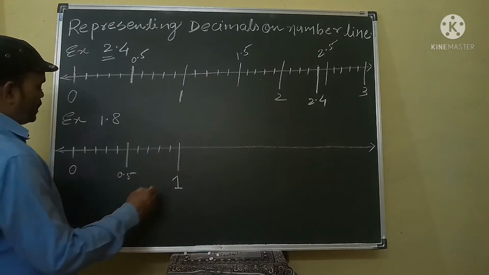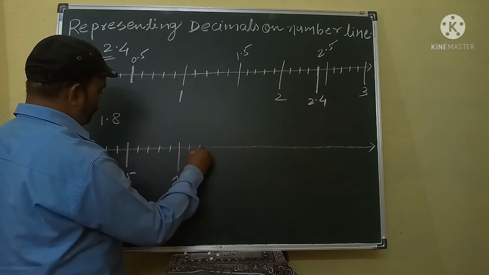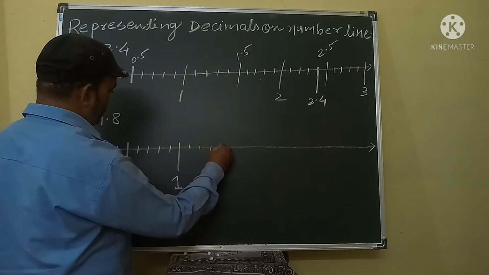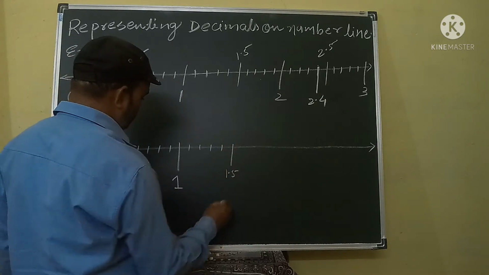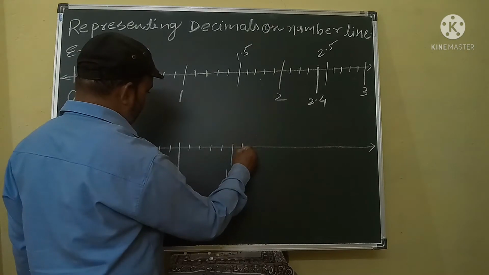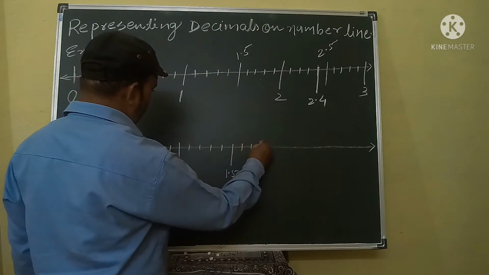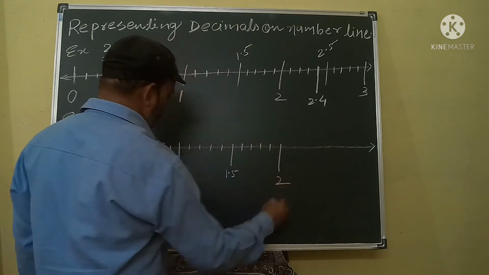Then 1.1, 1.2, 1.3, 1.4, and this is 1.5. Then 1.6, 1.7, 1.8, 1.9, and this is 2.